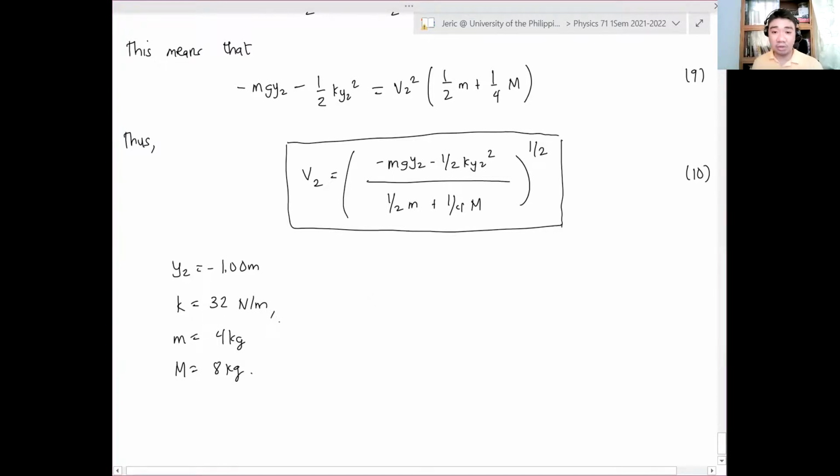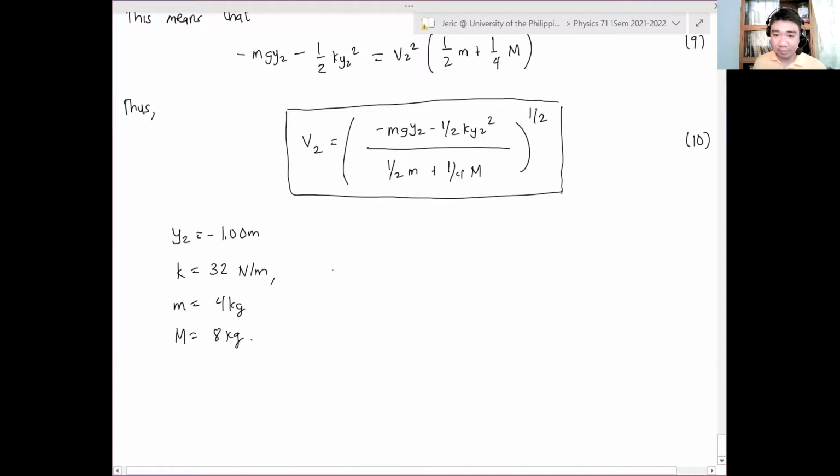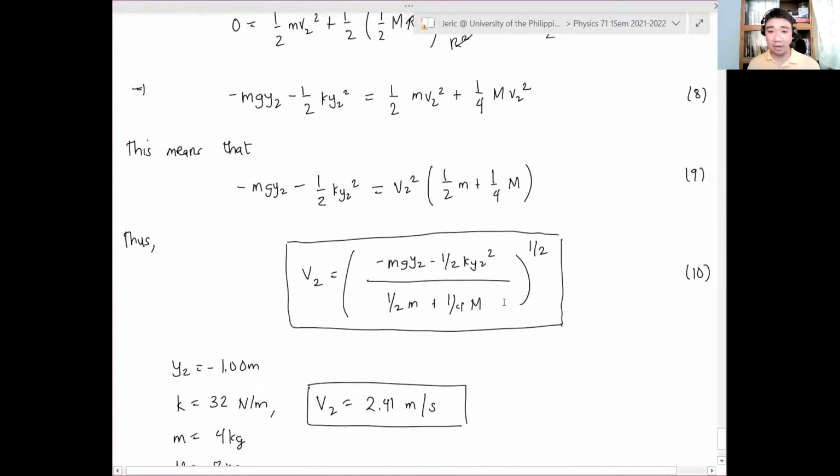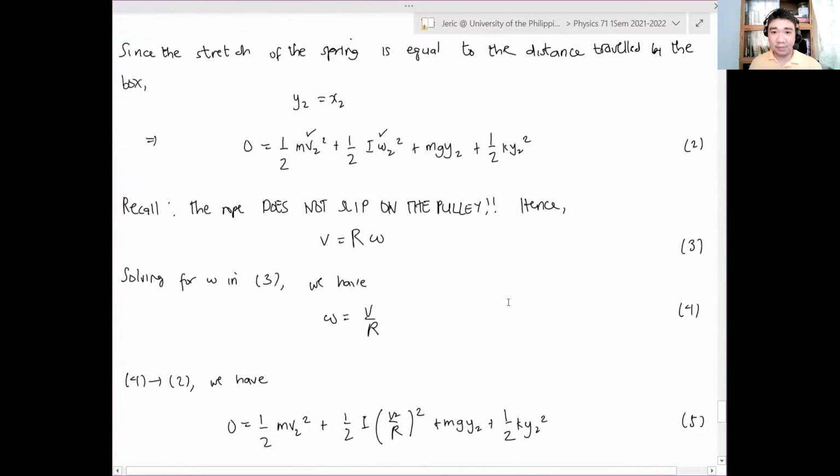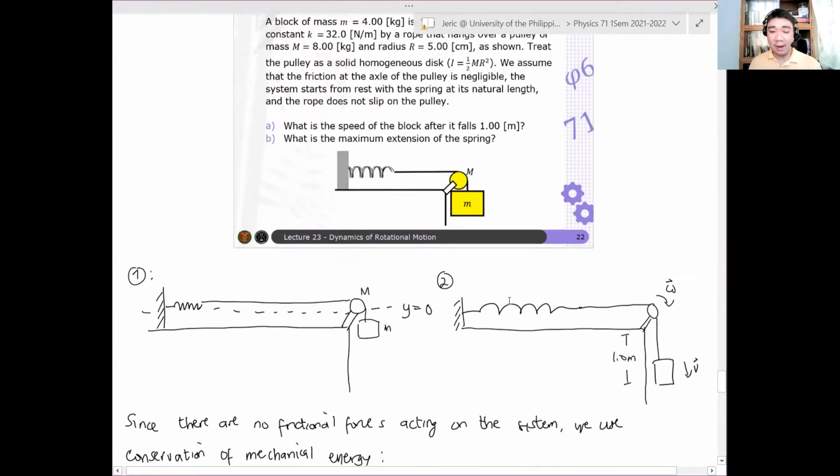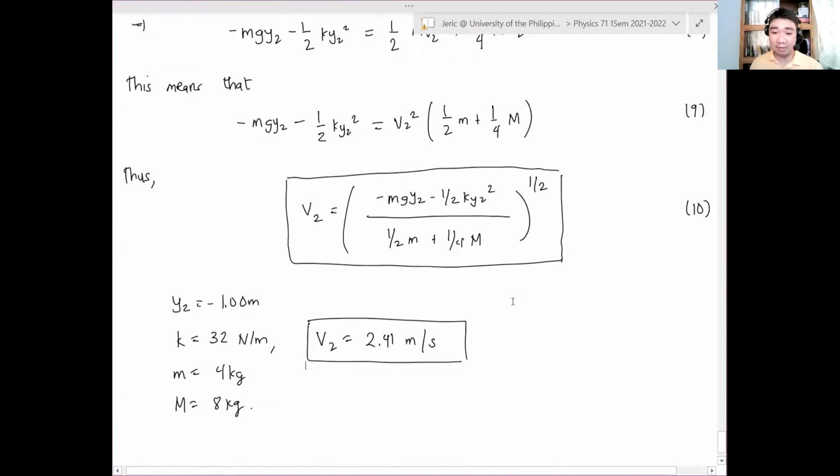And K is 32 newtons per meter. The mass of the box is 4 kilograms, while the mass of the pulley is 8 kilograms. And then from that, we can see that the final velocity V2 is about 2.41 meters per second. This is the final expression for the final velocity. And okay, so we're done with the first problem. 2.41 meters per second ang sagot.